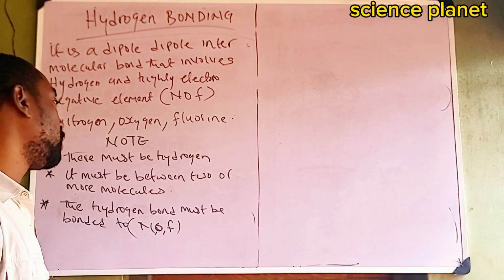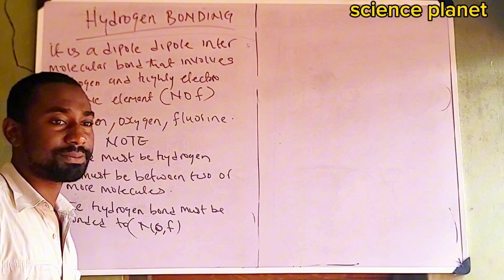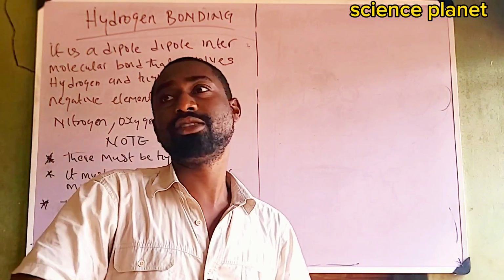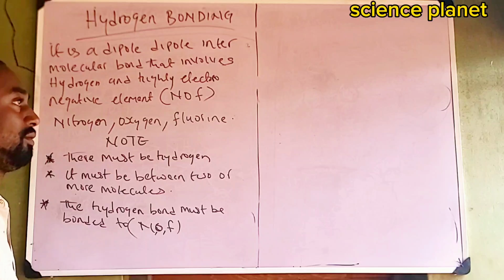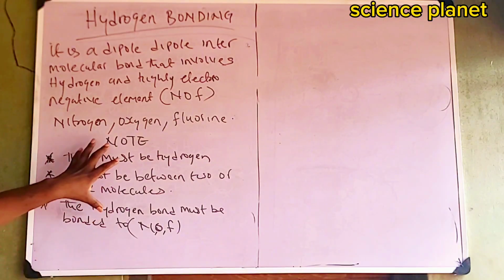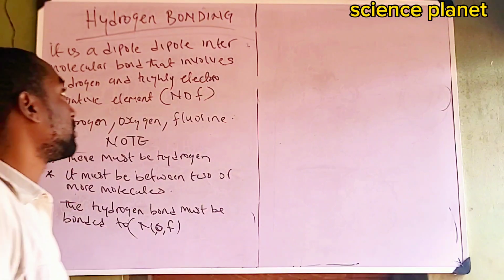No, the hydrogen must be bonded to NOF. And that hydrogen that is attracted to the other molecules must also be bonded to the NOF. So these are the rules to ascertain that a molecule is hydrogen bond. Okay, let's look at examples.